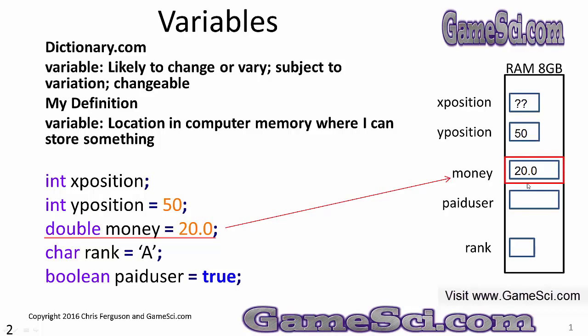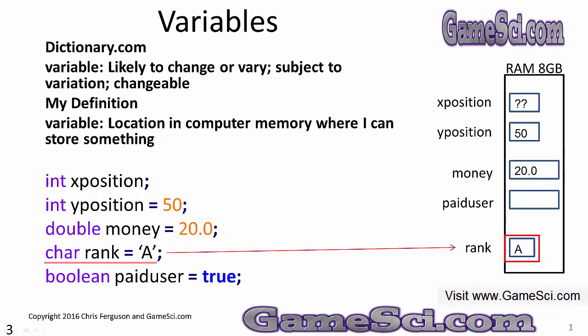This player is going to start the game with $20 and no cents in the bank, and they will go up and down from there as they acquire or lose money. Double is short for double precision floating point. That keyword double tells you this number will have a decimal point. It takes more memory, so when we declare it to be a double, it will allocate more space to hold the value for money than it did for X or Y position.